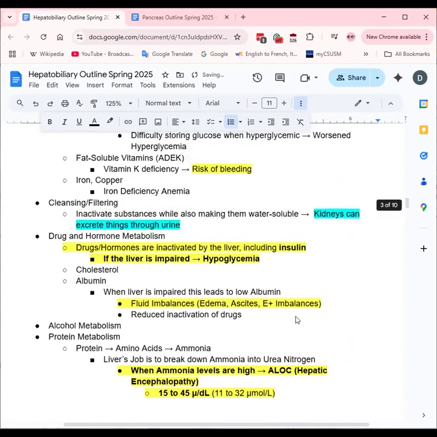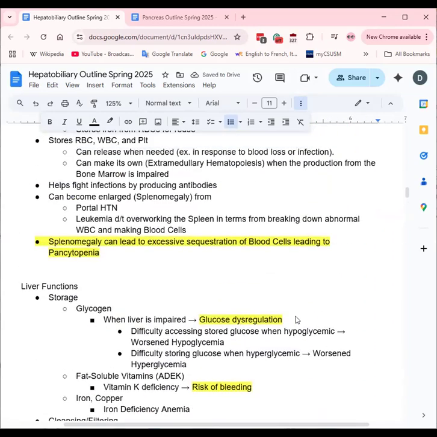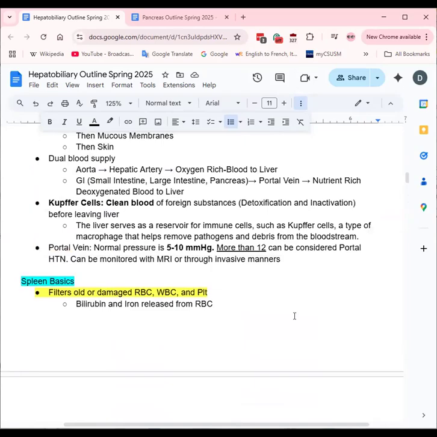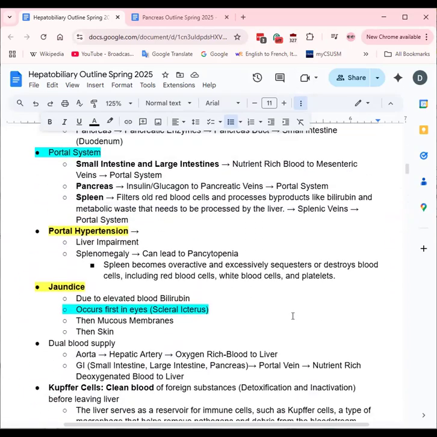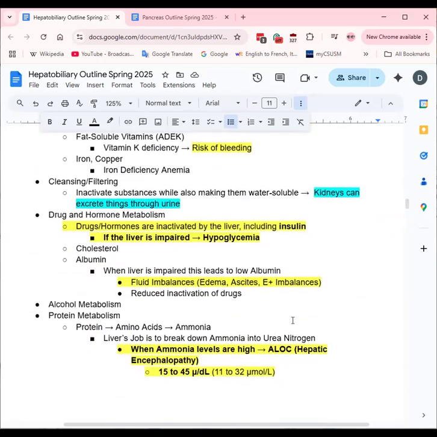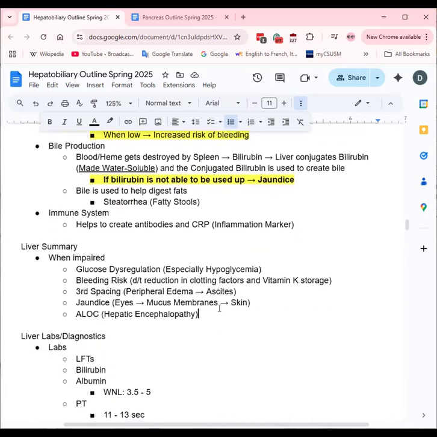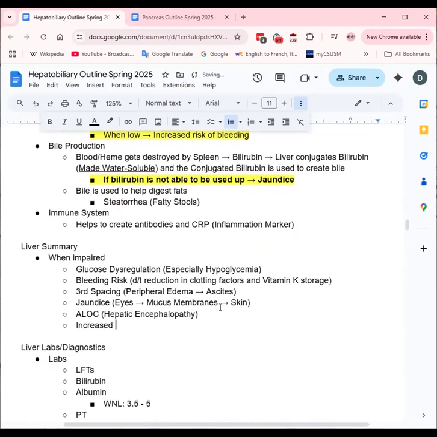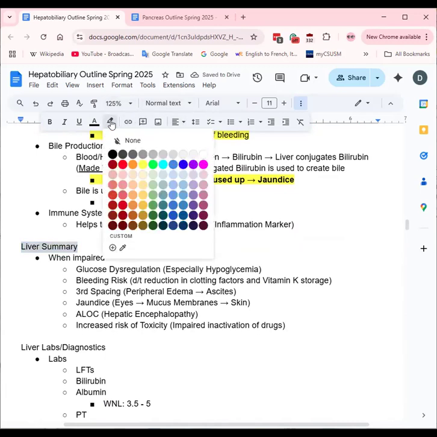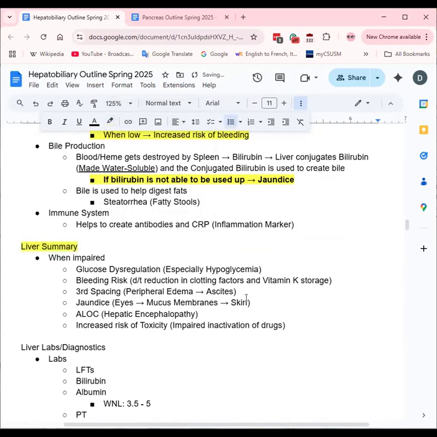Let me see if there's anything else I forgot. We talked about increased risk of toxicity, impaired inactivation of drugs. So this should be a pretty good overview of what to expect when the liver is impaired.